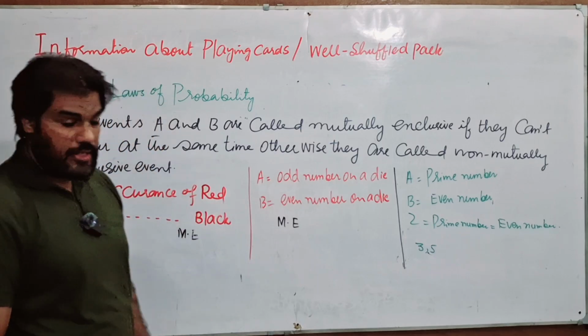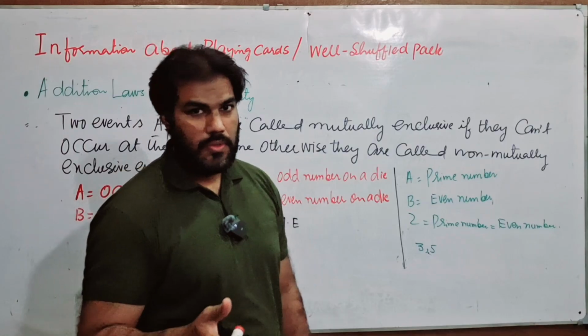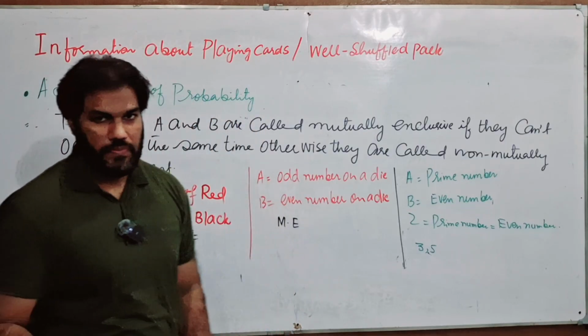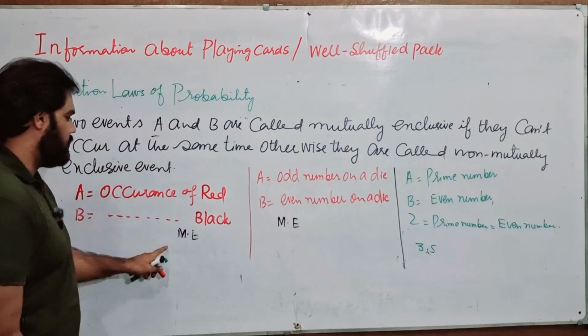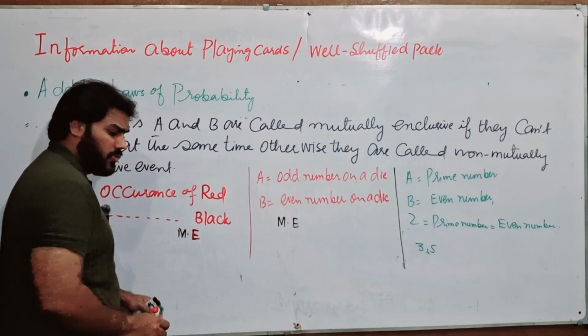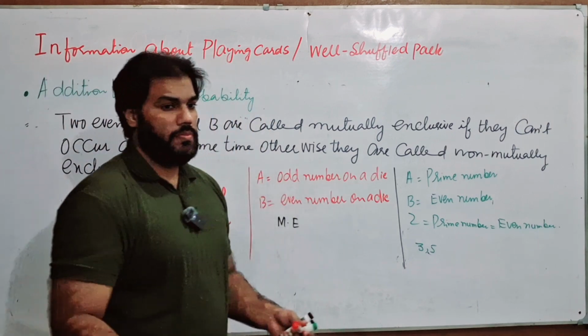Is it possible that at the same time a card has both colors, that it is red as well as black? This is not possible. So that's why we can say that A and B are mutually exclusive events here, because they cannot occur together. There is no card which has both colors.